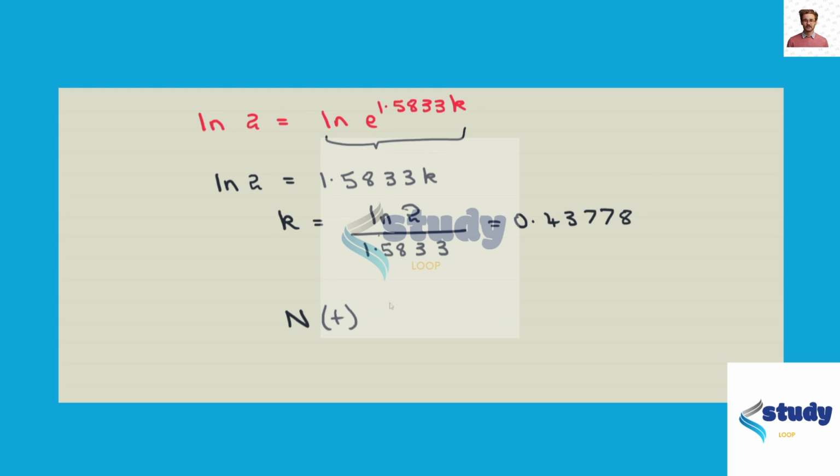Now we have found all the constants in our exponential model, which is n of t equal to 30,000 times e to the power of 0.43778 times t.